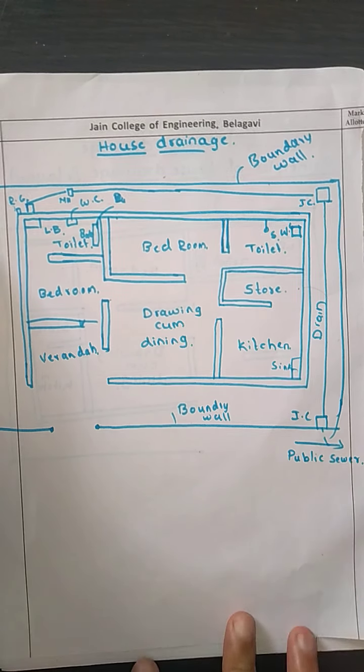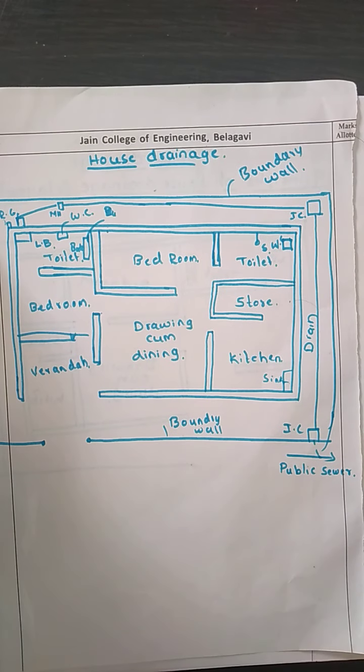Now why do we need to have it? We have spoken about the conservancy and water carriage systems. In the conservancy system, the waste the house produces is produced in the backyard of the house, and it creates an unhygienic condition.